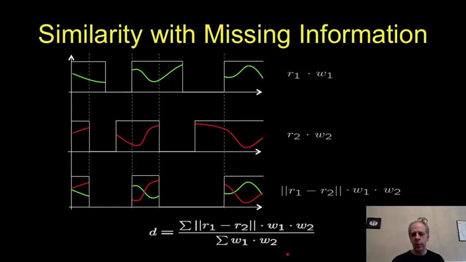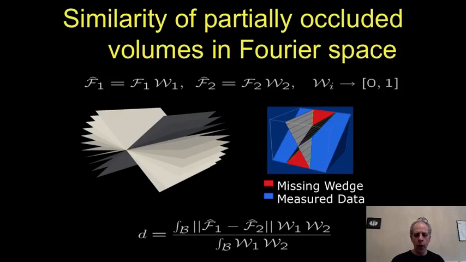Now, this distance is actually not too hard to compute. You can compute it in the Fourier domain. We haven't discussed Fourier too much in this course. Those that have a background in signal processing know what Fourier is, but we did talk about the DCT, the discrete cosine transform.